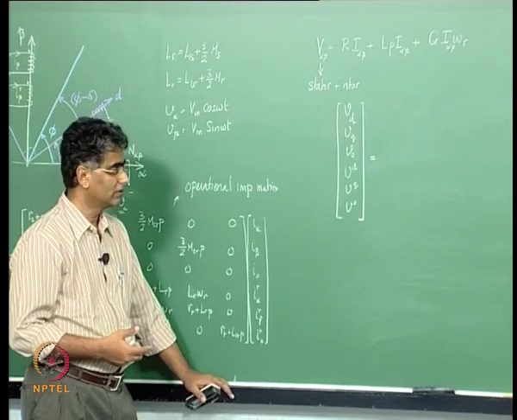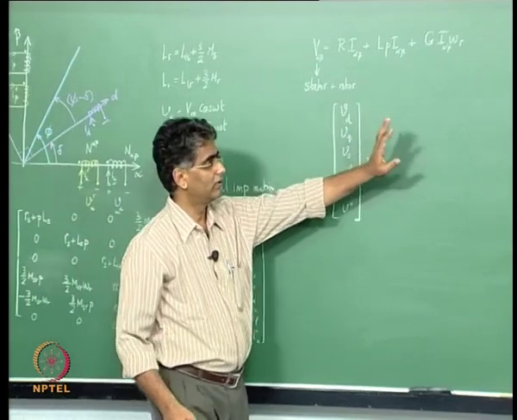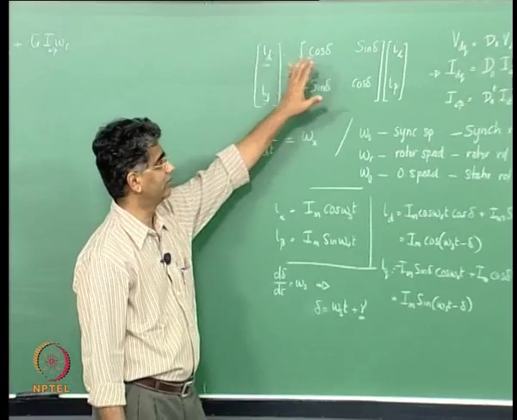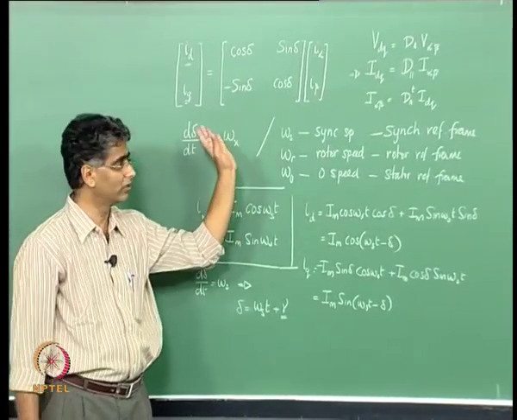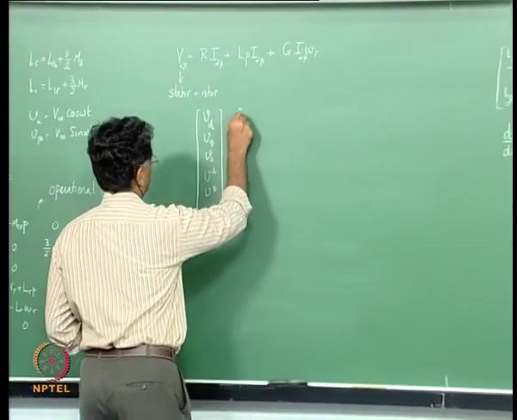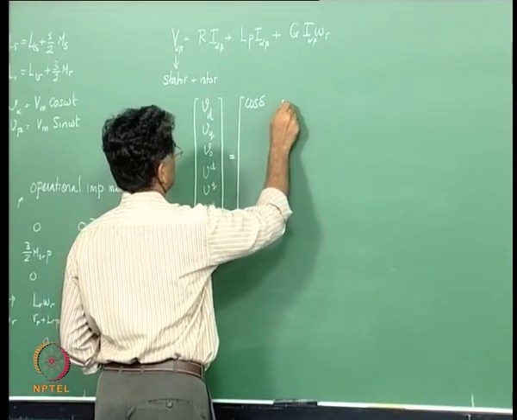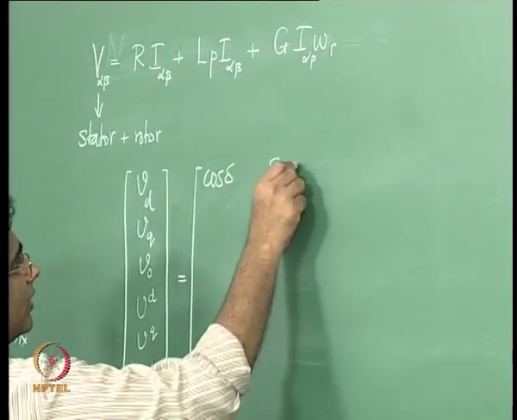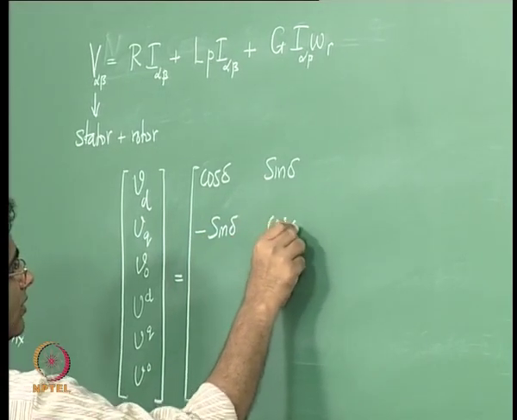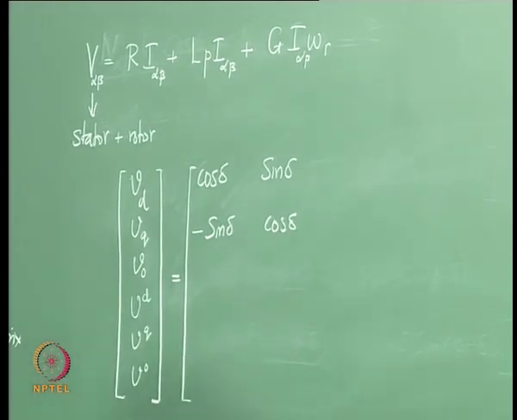Now, obviously we have seen that the stator equations depend only on stator variables, stator equations do not depend on the rotor variables, and therefore what we can say is here you have cos delta and then sin delta, minus sin delta, cos delta. 0 sequence, as I mentioned, is unchanged.